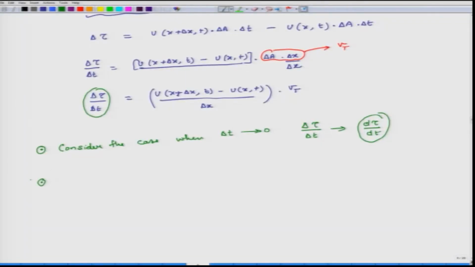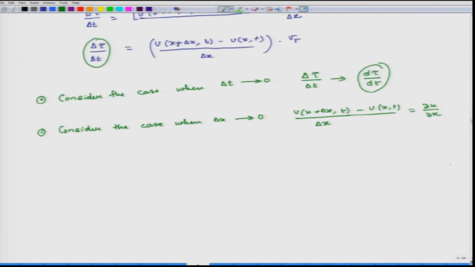The second thing we do is we consider simultaneously the case when delta x is very small. Then on the left hand side I get u(x plus delta x, t) minus u(x, t) over delta x, and that is equal to the partial derivative of u in space.